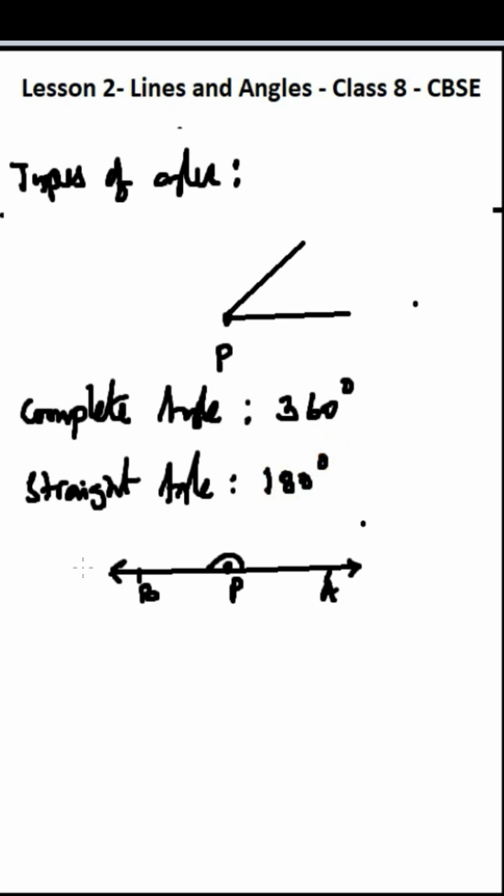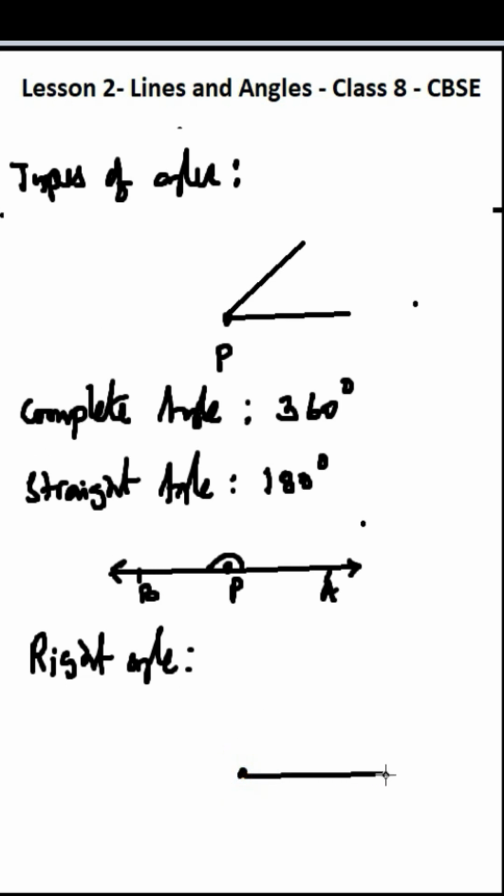Okay. The other one is a right angle. Right angle means again you take the initial point P, and there is a ray here.